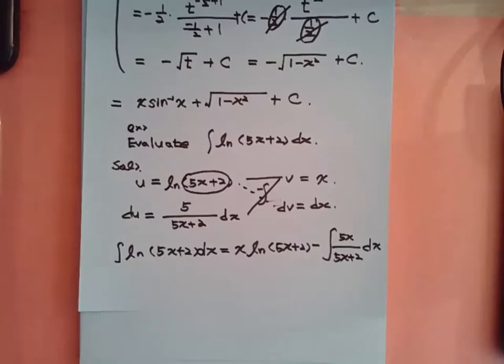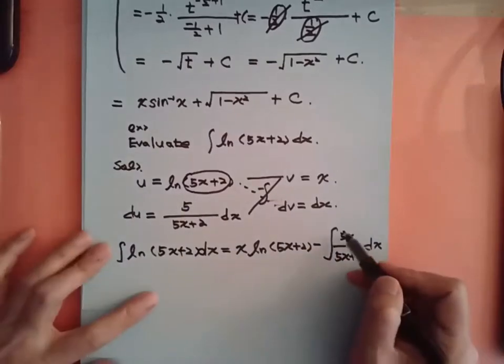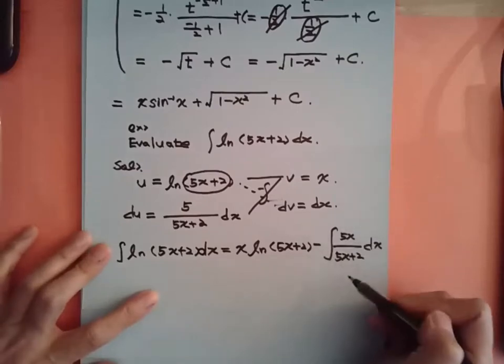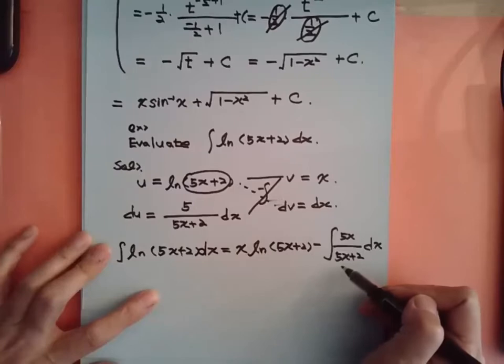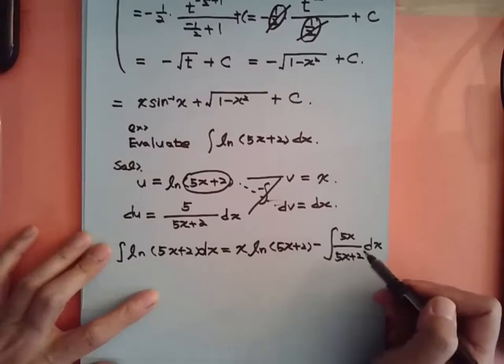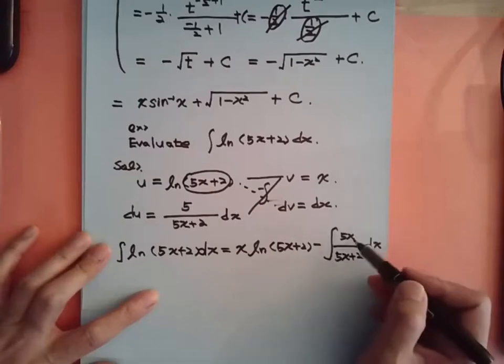Here we have a problem because when you look at this fraction, the numerator is not the differentiation of the denominator. So we cannot use the substitution method, but what you notice is that 5x and 5x are the same.